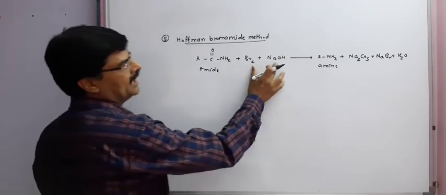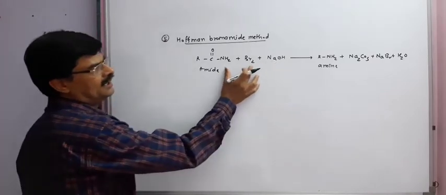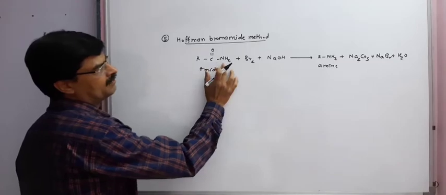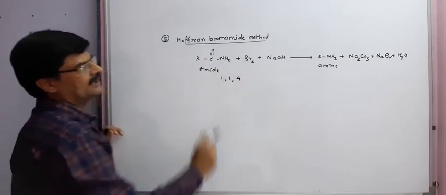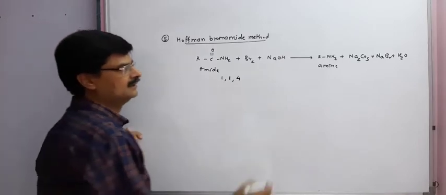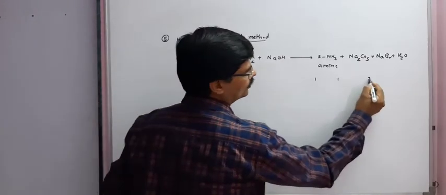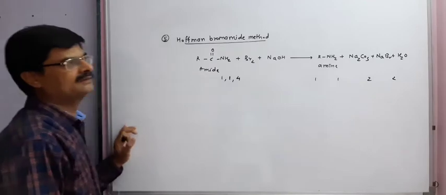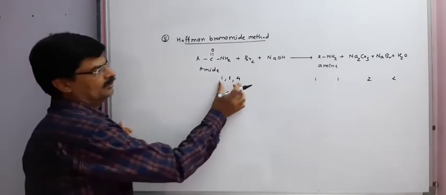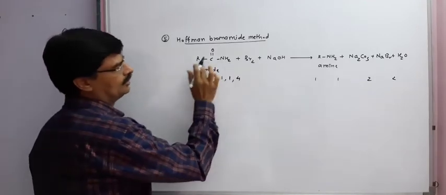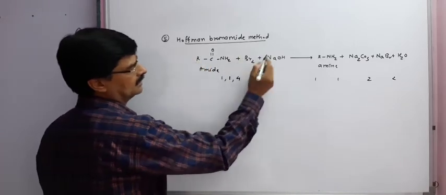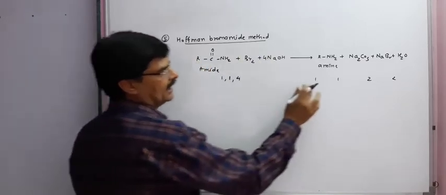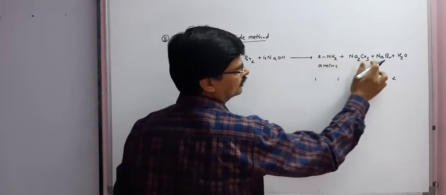Now to balance this, there is one trick to remember. We can remember it this way: 114 on the reactant side and 1122 on the product side. Writing these coefficients, we get 1, 1 and 4, and here 1, 1, 2, 2.